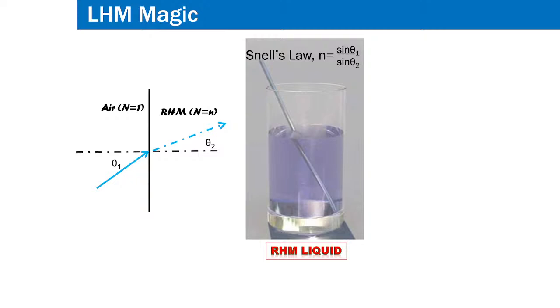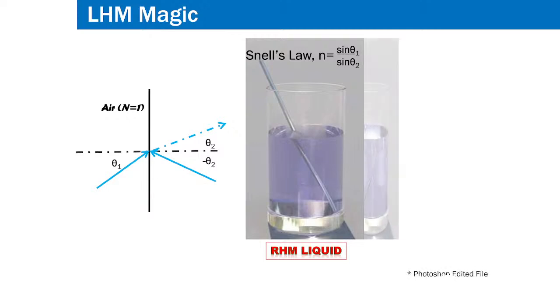Now let us see the other case. In the air we have n equal to 1 on the left-hand side. The right-hand side is an LHM medium in which the refractive index is minus n. In that case theta t becomes negative, so theta 2 will become minus theta 2.